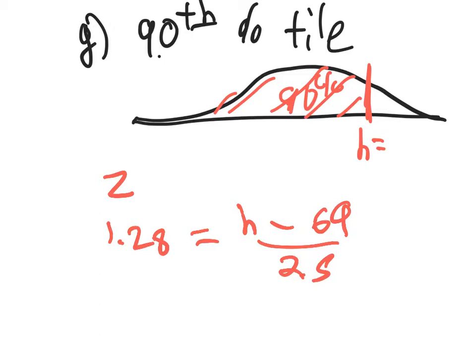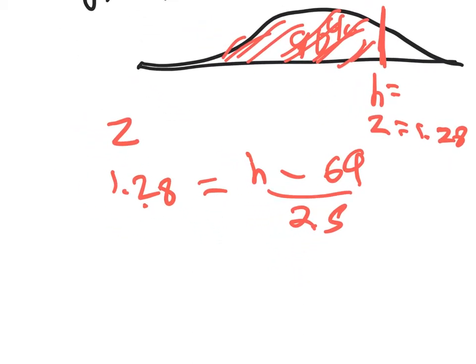This will actually find the height because this z-score of 1.28 stood for 90% left. Solve that, please. Multiply both sides by 2.5 and then add 69. What is that height? 72.2 inches.